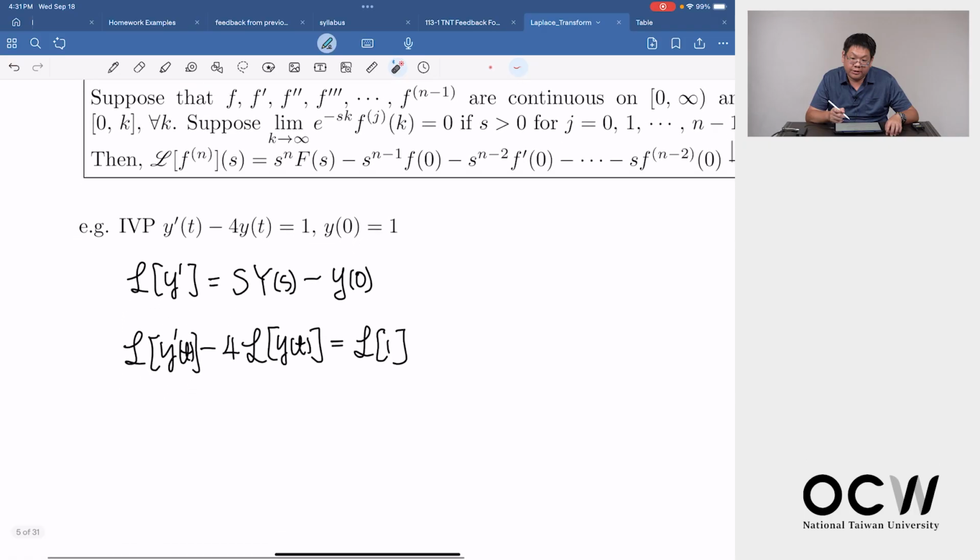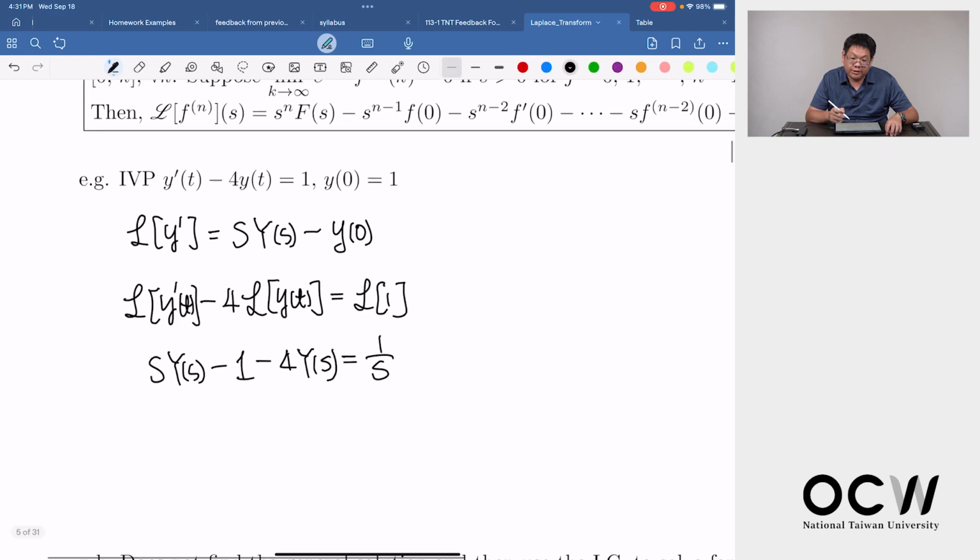Okay, so here I have s Y of s minus y of 0 minus 4 Y of s equals 1 over s. Therefore, in the Laplace domain, you have 1 divided by s times s minus 4, plus 1 divided by s minus 4.